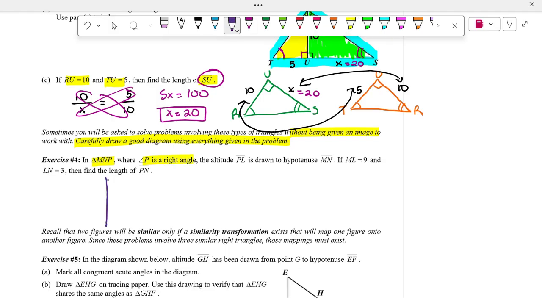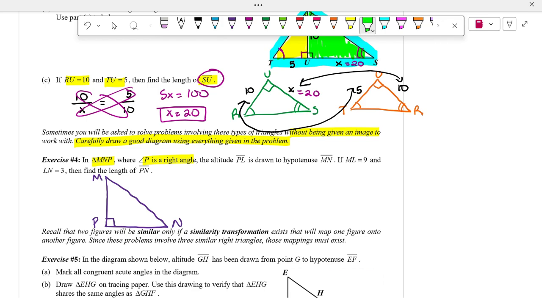So before I even go on, I'm going to draw the big right triangle. It has a right angle, and we know that P is the right angle. So that means if I go around N and M. Now, you could have flip-flopped M and N. It doesn't matter, as long as you made P the right angle. So pay attention to which one they say the right angle is.